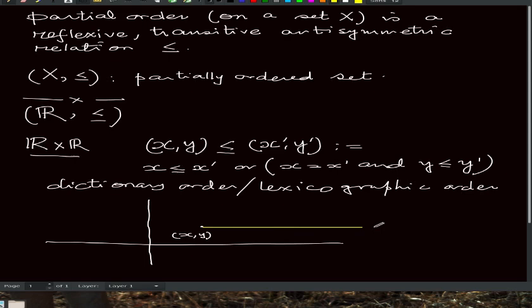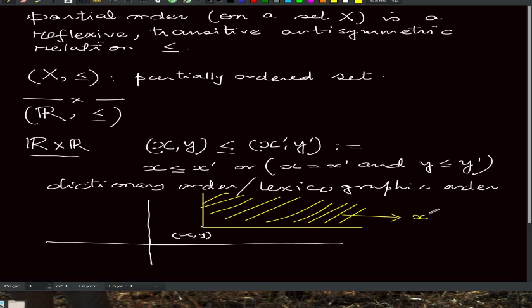All these points are bigger. And if you take the x coordinate and the y coordinate, this denotes all the elements x prime, y prime which are all bigger than xy in this description.